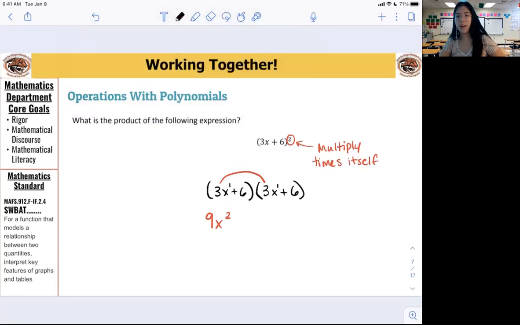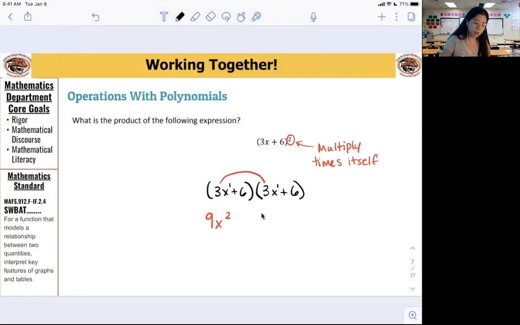Exactly. And Raymond said it as well. You add the invisible exponents. So if it helps you to put those invisible little ones down, do it, because it might remind you to add. Remember that anytime there's an x all by itself, it has an invisible exponent. So we get 9x to the power of 2.